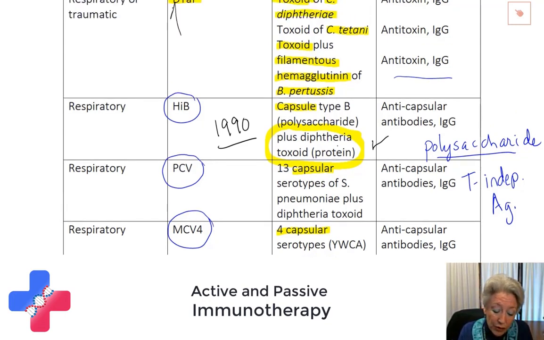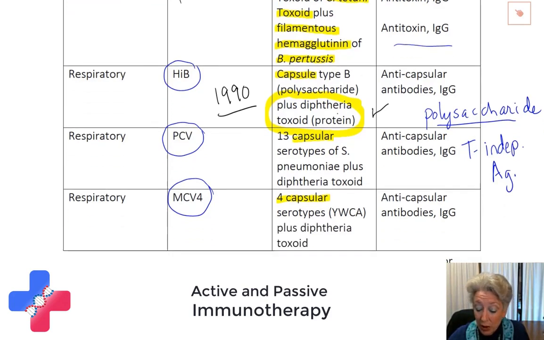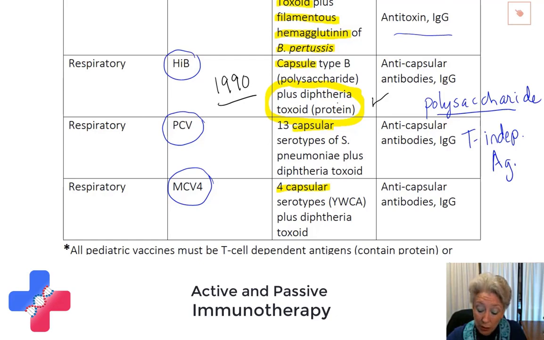And so they took the first letter out of DTAP, they covalently joined it to the capsular polysaccharide, they tried it with Haemophilus influenzae, and it was such a roaring success that they then repeated it with strep pneumo capsule and with meningococcal capsule. So the success of that idea of protein conjugating in order to make a T-cell dependent vaccine in this age group was really a tremendous breakthrough in medicine, and one that you probably should be aware of.